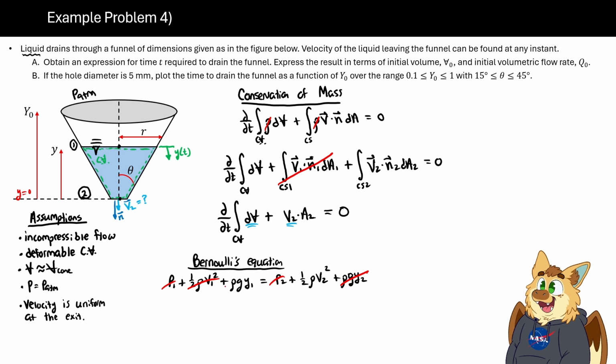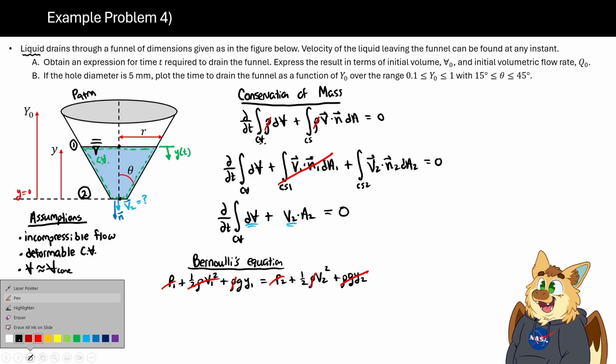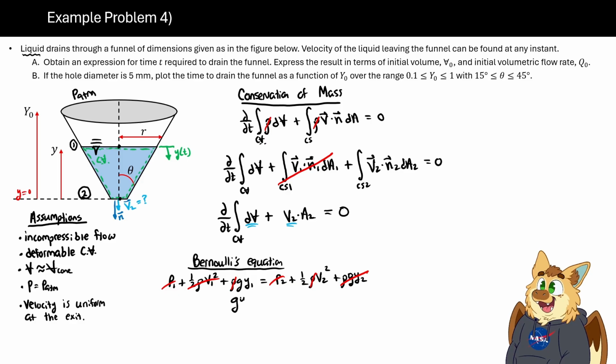So V1 is 0. And then we have incompressible flow, so our densities will cancel. And then after that, we have g y1 equals 1 half V2 squared, which means V2 equals the square root of 2 times g times y, like that.